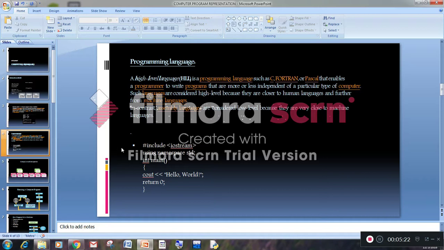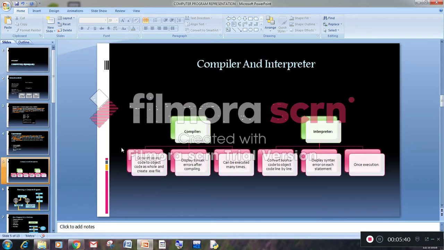So programming languages are not machine dependent; they can be run on any type of computer. Some of the types of high-level languages are C, C++, Pascal, Java, Python, and Fortran, which are very famous. Next we are going to discuss the compiler and interpreter.